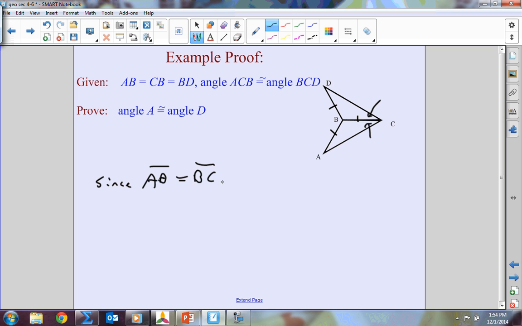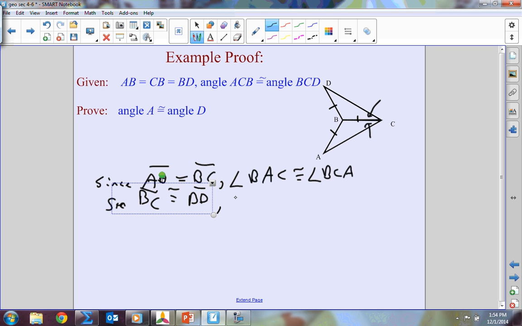Alright, since AB is the same as BC, angle BAC is the same as angle BCA. And since BC is the same as BD, that means that angle DBC is the same as angle BCD.